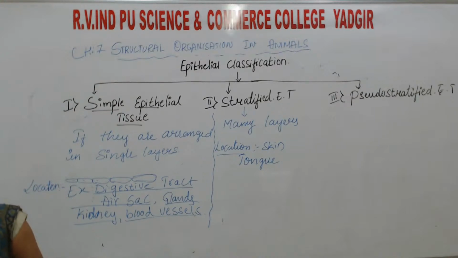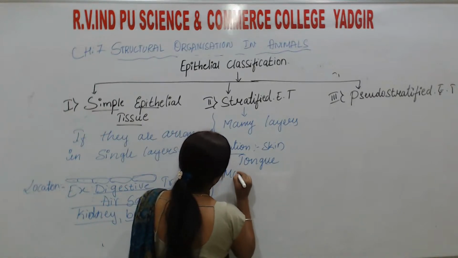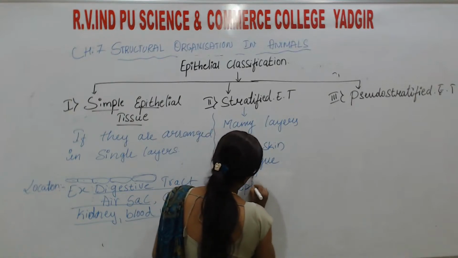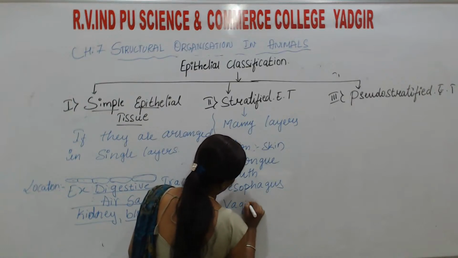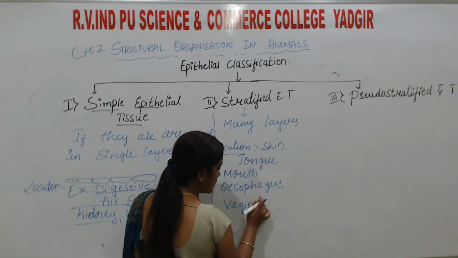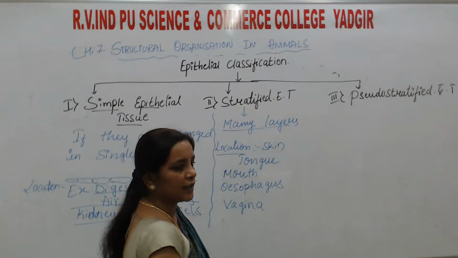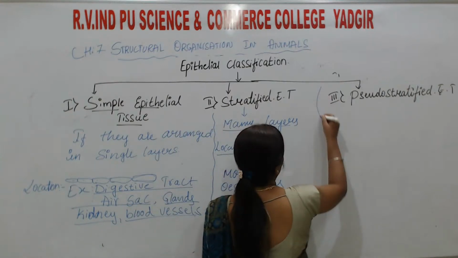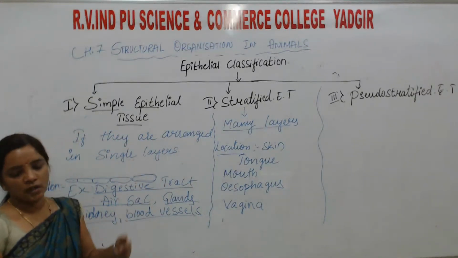Location: skin, mouth, tongue, esophagus, vagina. These are the different organs where we can see arrangement of the epithelial tissue in more number of layers. So structure, location, structure, location.